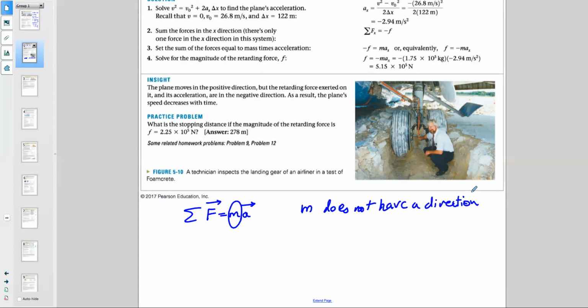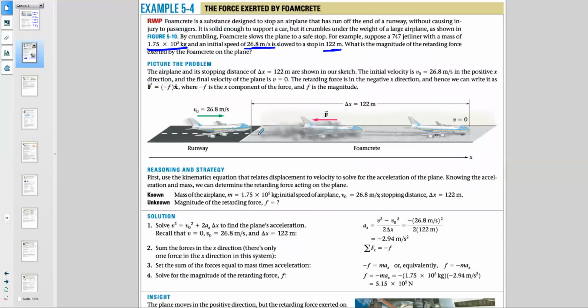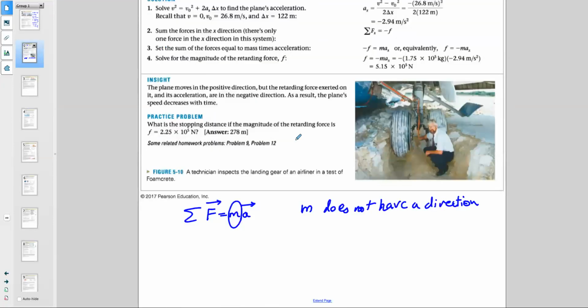So whatever direction a has, F will have the same direction. You can actually see in the picture how the plane is stopping after it ends up at the end of the airfield.